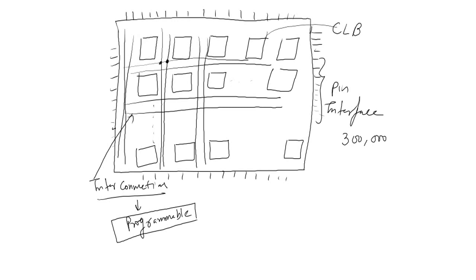I cannot vary how many CLBs I want to use and what interconnections I want to use. So what these FPGAs do is make this programmable. Now how will you program them actually? Suppose I want to connect these two interconnections. How will I make it programmable? That is done using transistors.